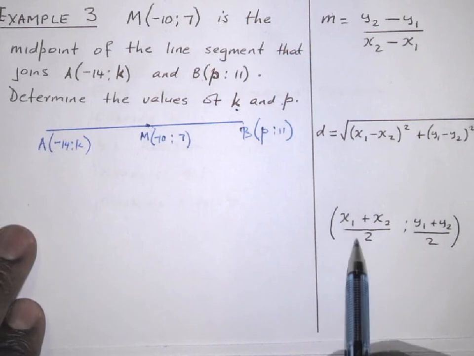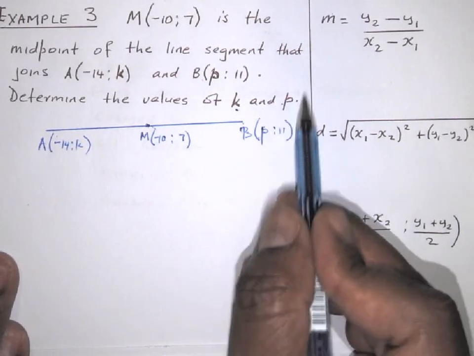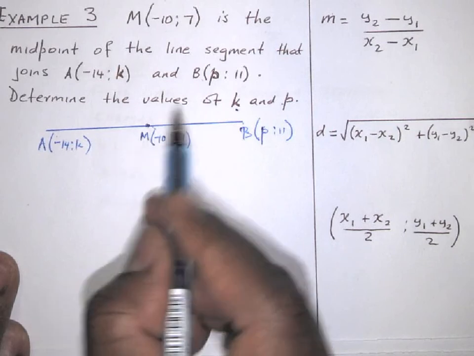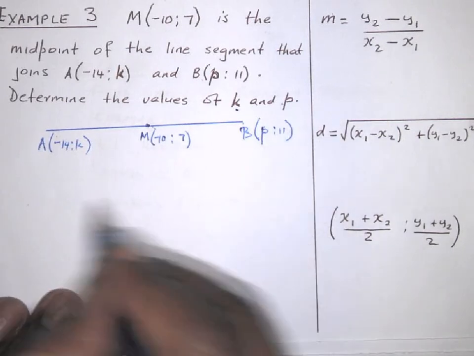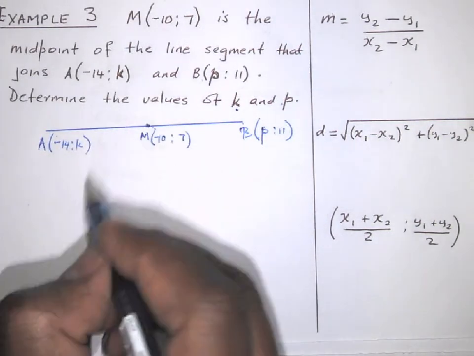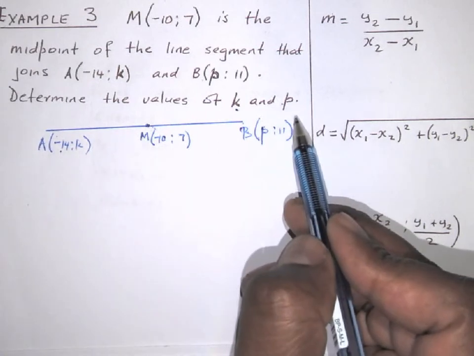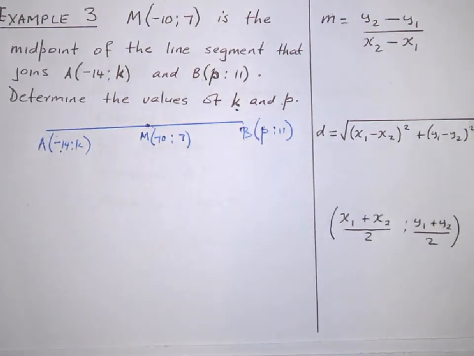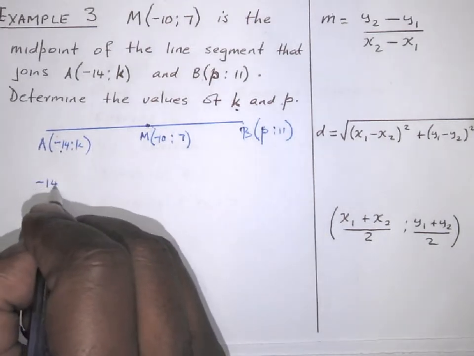Okay, let's try. So if I do this plus this divided by 2 it will give me that, right? Let's find out. So minus 14 plus P, so that plus that divided by 2 will give me the middle one, which is minus 10.